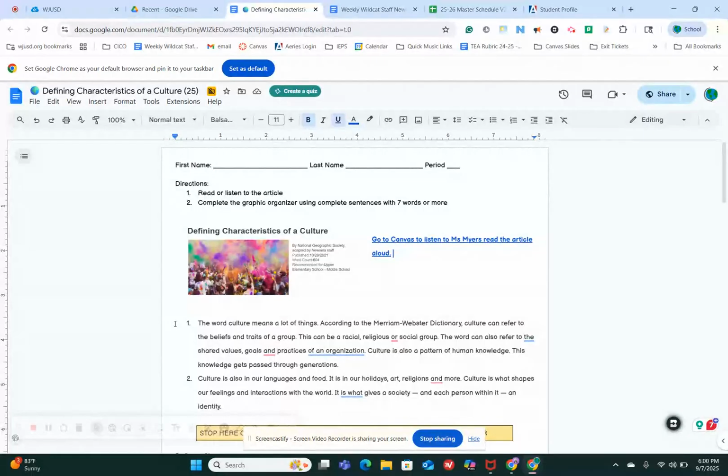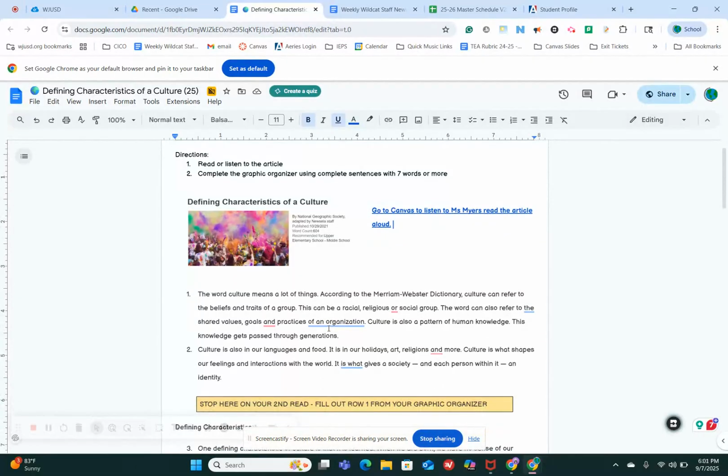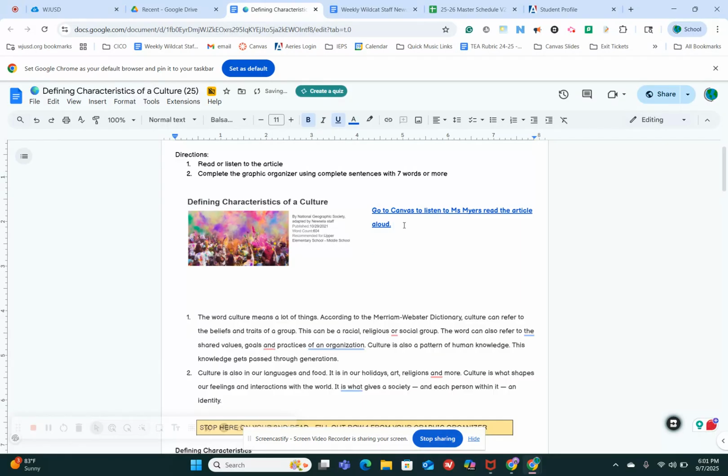So our first step is we're going to look at the text itself, and we're going to read through it, and we're going to mark up the text a little bit. So these directions aren't on your paper, but I'm going to add them here, and I want you to do them as we read. So we're going to keep using our marking the text.